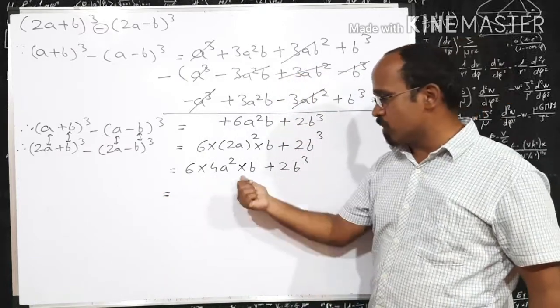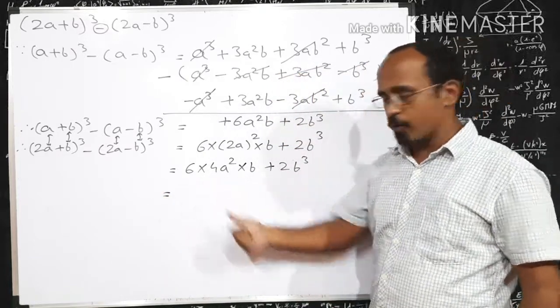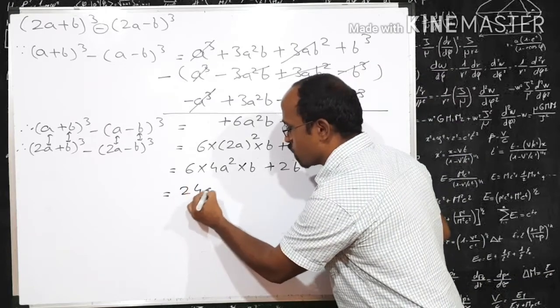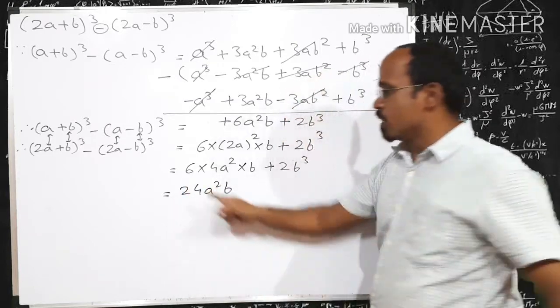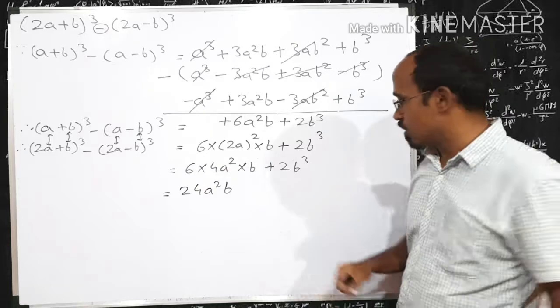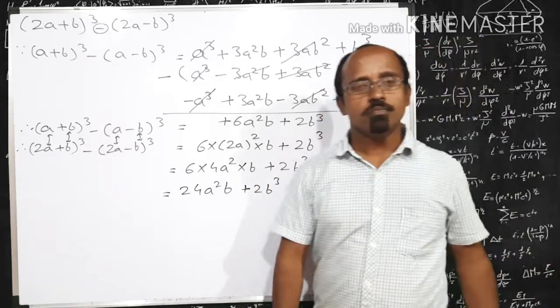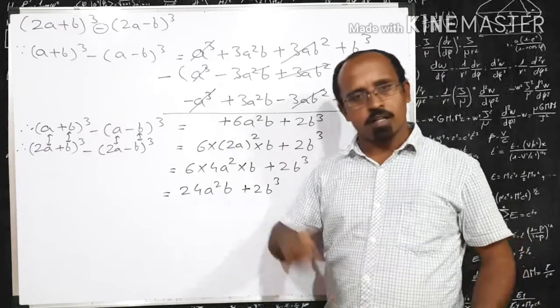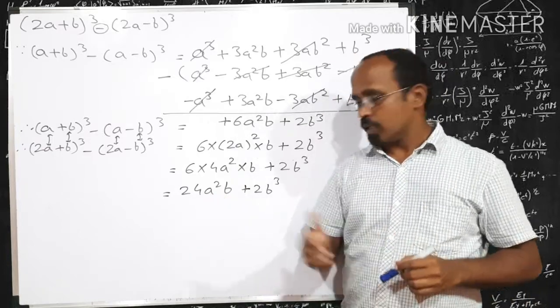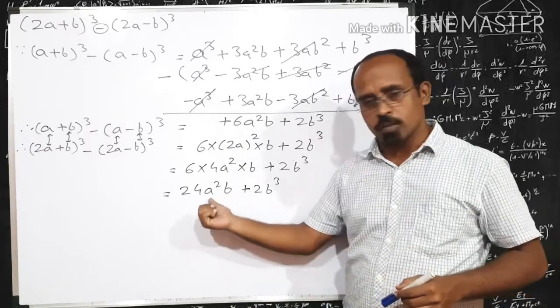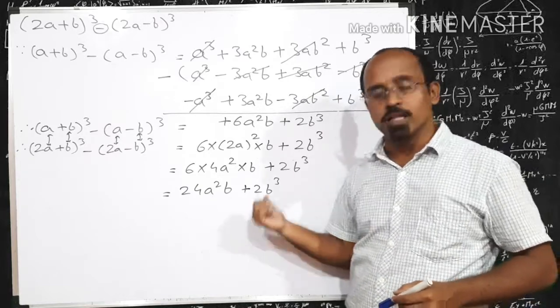Bracket over, there is multiplication. 6 fours are 24. 24a²b plus 2b³. Multiplication is also over. Then addition, subtraction is not possible because the terms are not like terms.